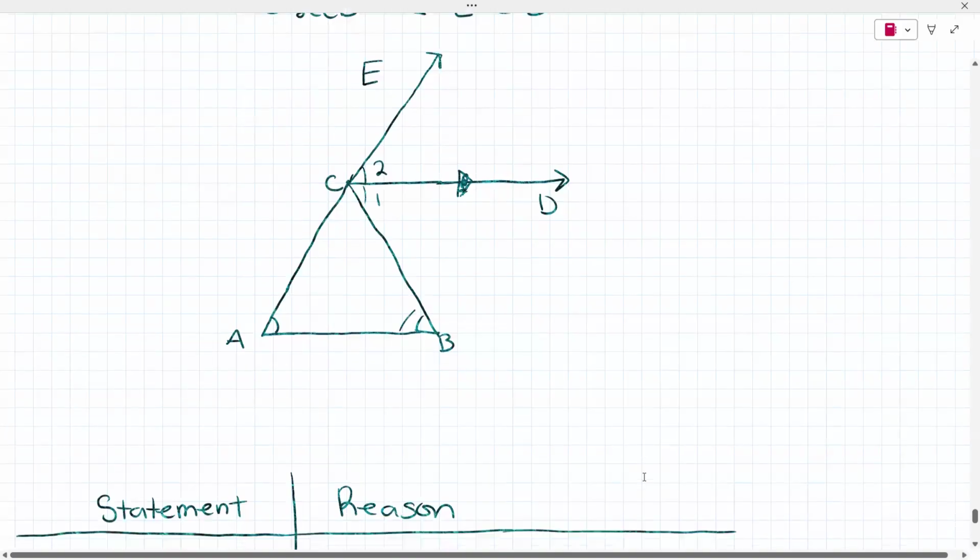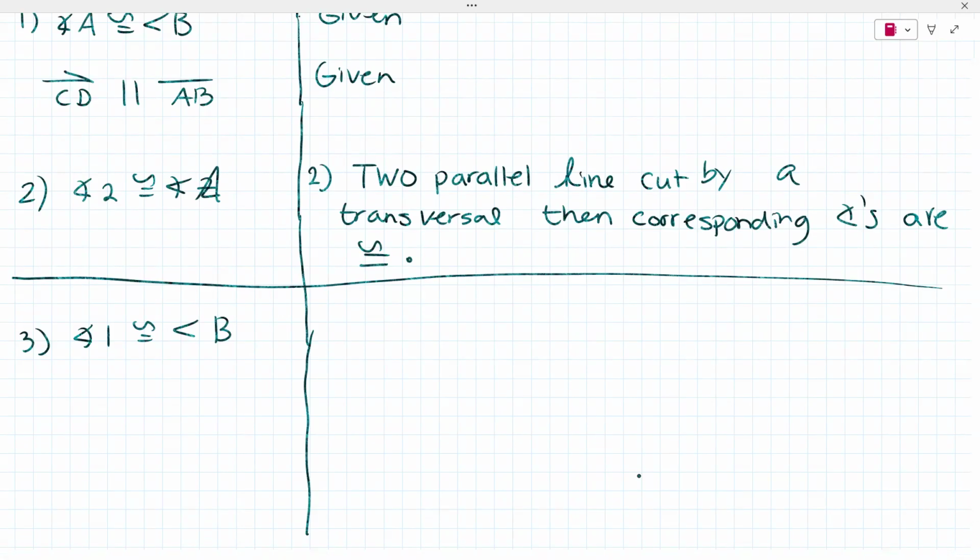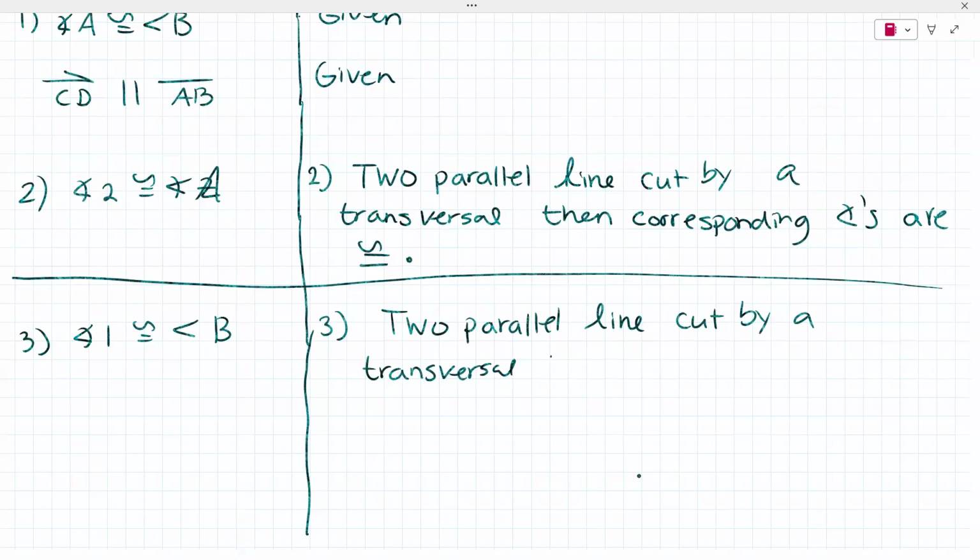And the reason why is the same as for the previous statement: two parallel lines are cut by a transversal, then alternate interior angles are congruent.